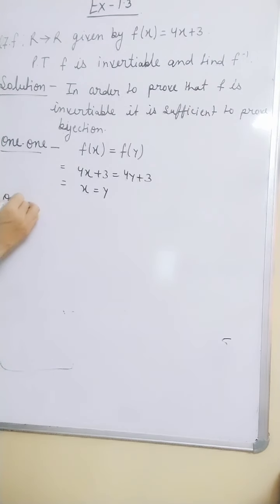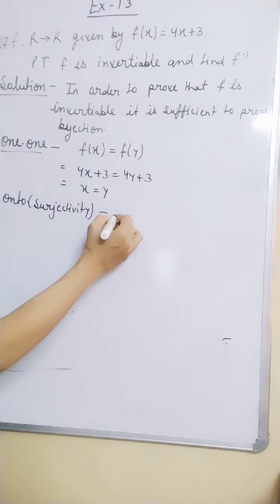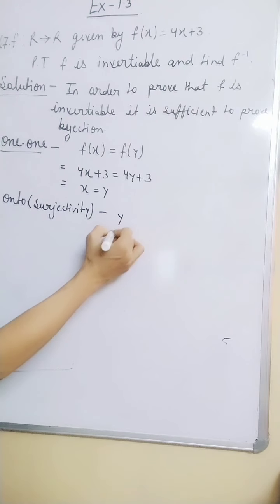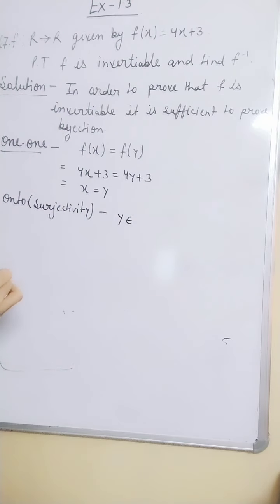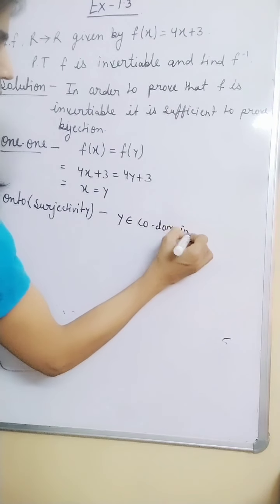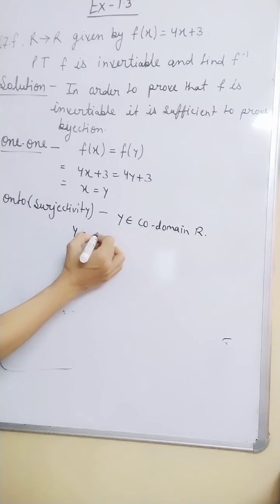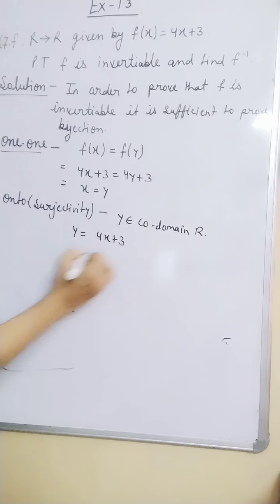Now onto, or surjectivity. For this, we will take an element y belonging to codomain, means R. y is equal to 4x plus 3.